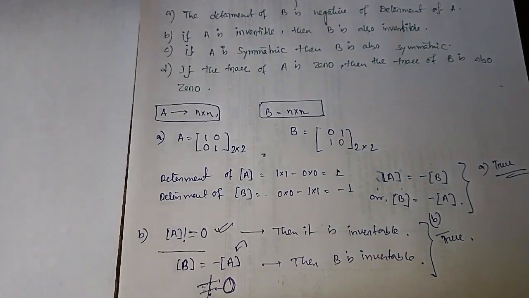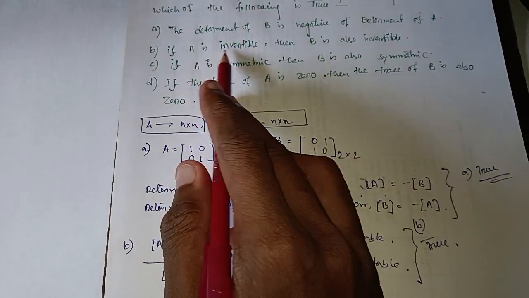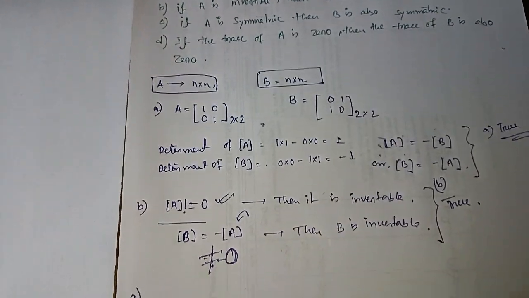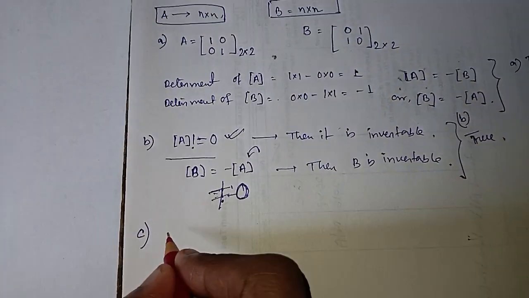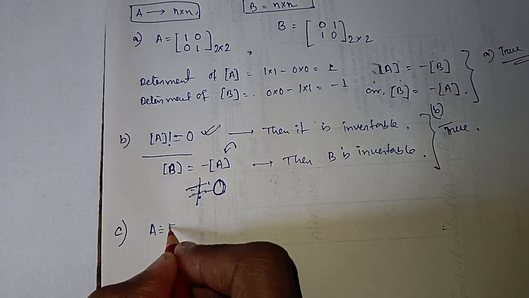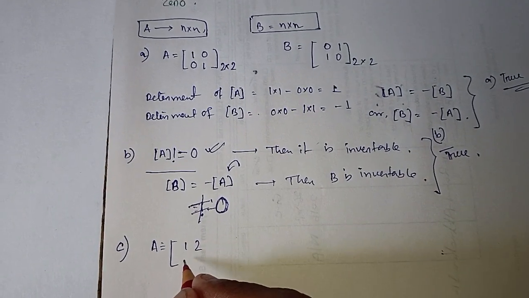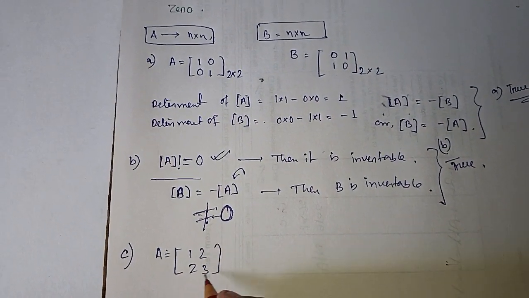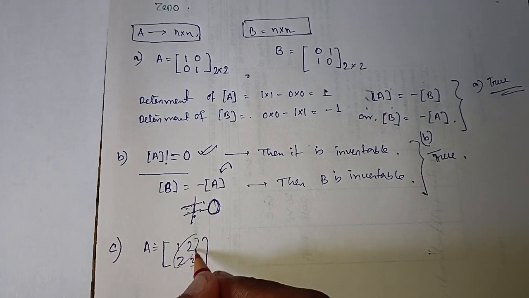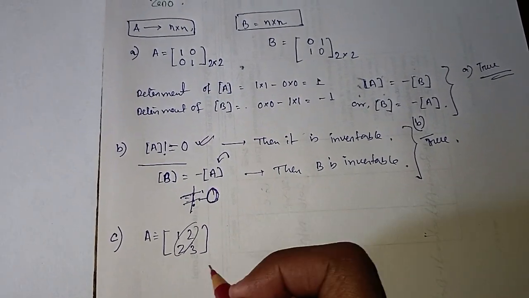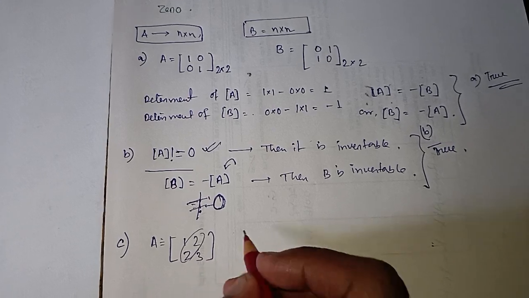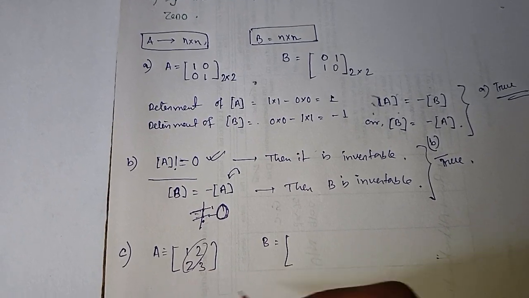Let's check option C. If A is symmetric, then B is also symmetric. For symmetric, let's suppose A is [1 2; 2 3]. Apart from the swapped rows, all the elements are the same.